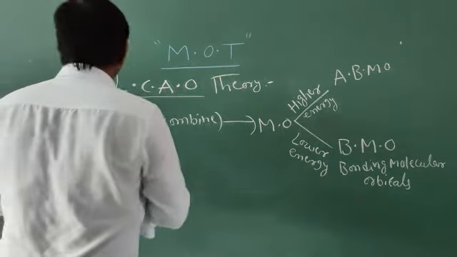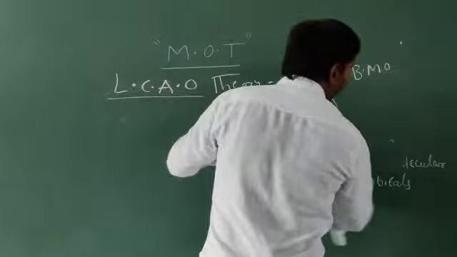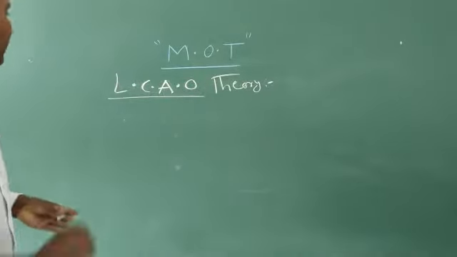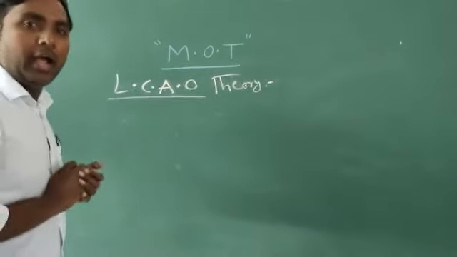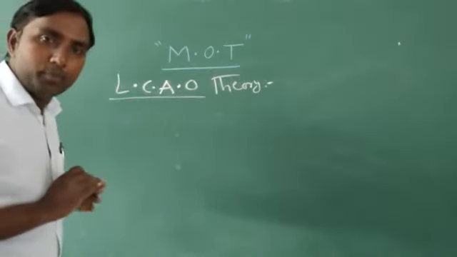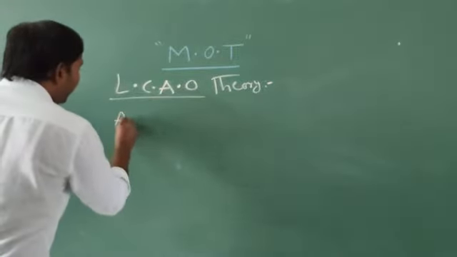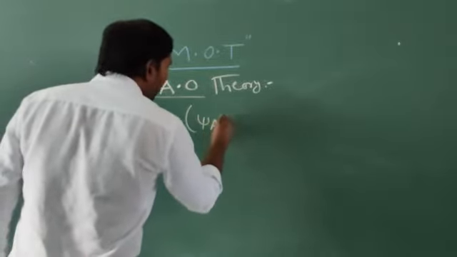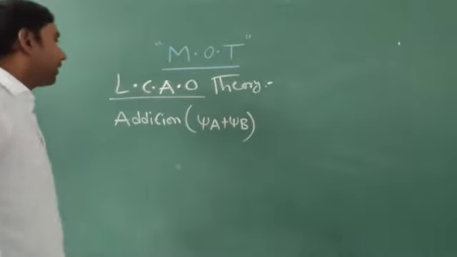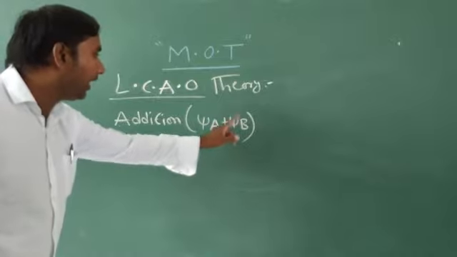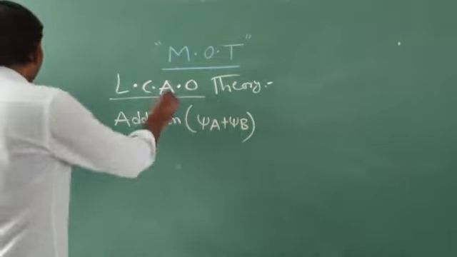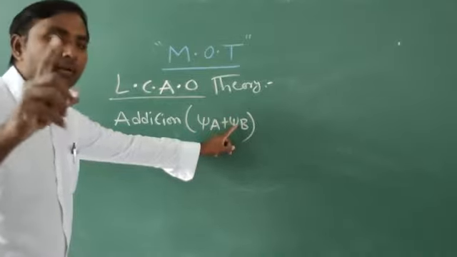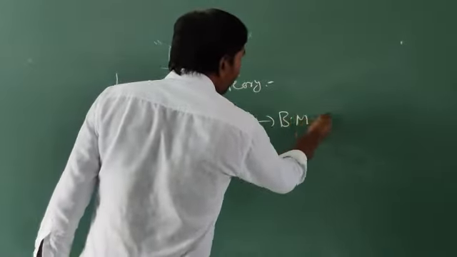So this theory explains, in the form of wave functions and amplitudes, when bonding molecular orbitals and anti-bonding molecular orbitals are formed. When there is addition, that means the wave function psi A plus psi B, when the two atomic orbitals A and B overlap, addition means bonding molecular orbital formation.